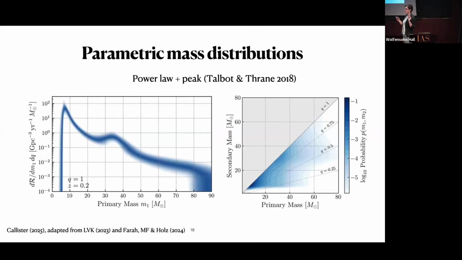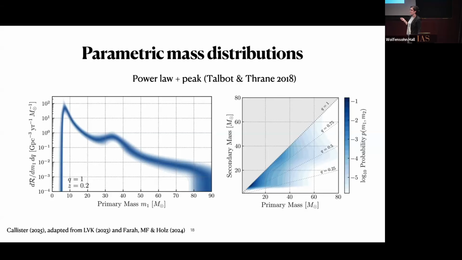And you might get tighter and tighter uncertainties when you're fitting this model, and you might think you really understand the merger rate at 20 solar masses really, really well. But it's just a bad model. It would be so weird if the black hole mass distribution followed a power law plus a peak.